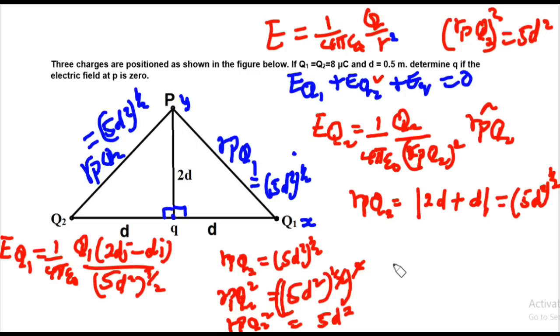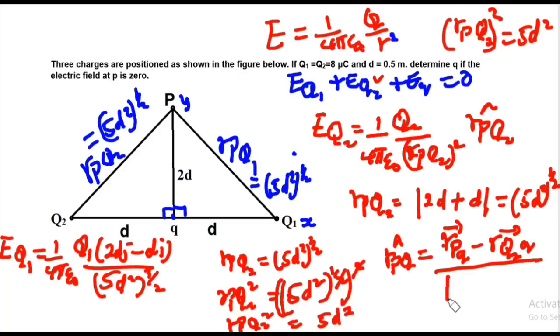And to get the unit vector in this direction, it will be the vector RPQ minus the vector RQ2Q upon the modulus of the vector RPQ minus RQ2Q.